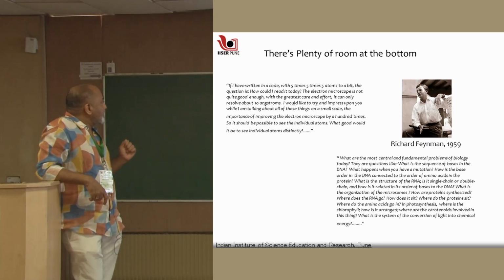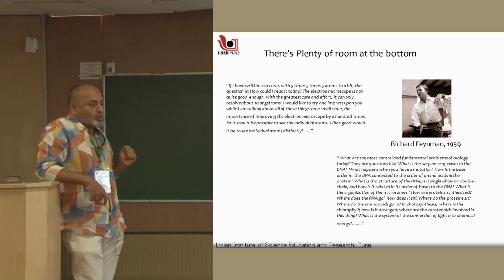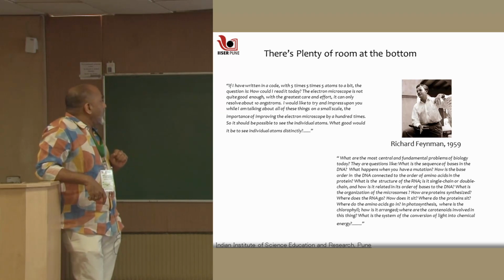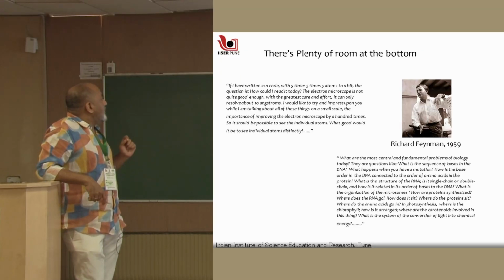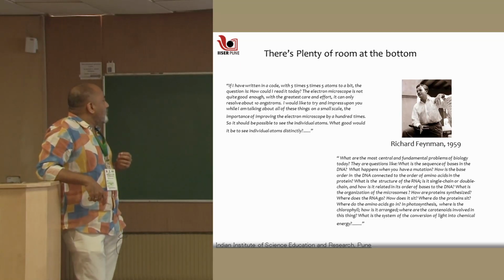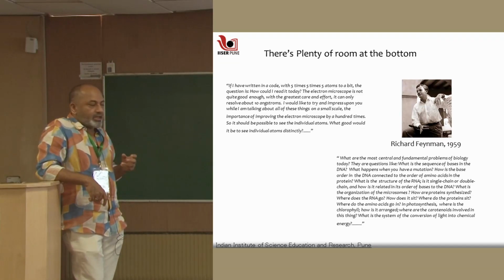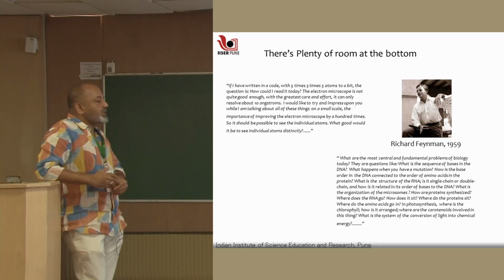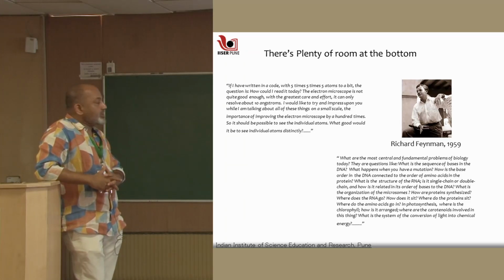This paragraph says, if I have written a code, as in memory, back then it was called memory, with 5 times 5 times 5 atoms to a bit, that bit is 1 memory piece. The question is, how could I read it, even if you are able to write it? The electron microscope is not quite good enough. With the greatest care and effort, it can only resolve about 10 angstroms, that's 1 nanometer.